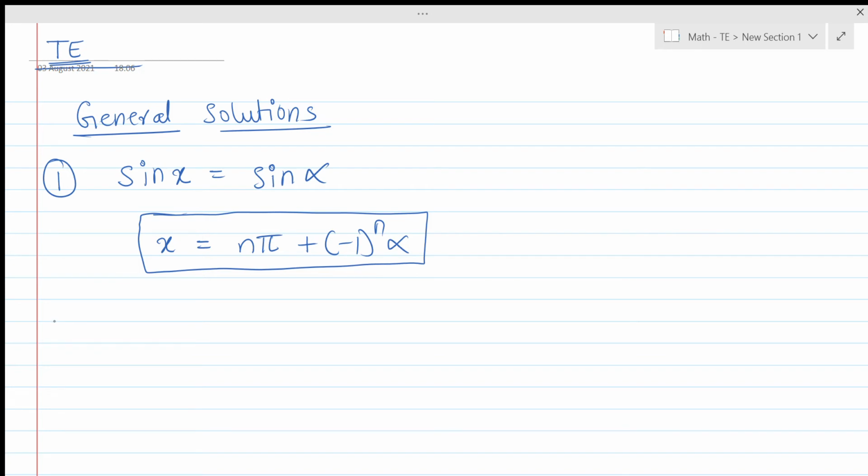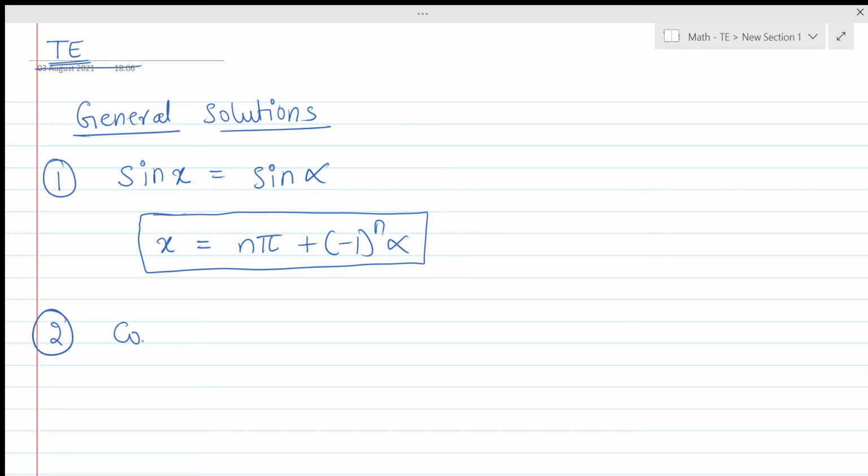If there's a question, say sine x is equal to sine of alpha, we can say that x is equal to n pi plus minus 1 to the power n alpha. This is a bit weird, especially for sine, but alright.